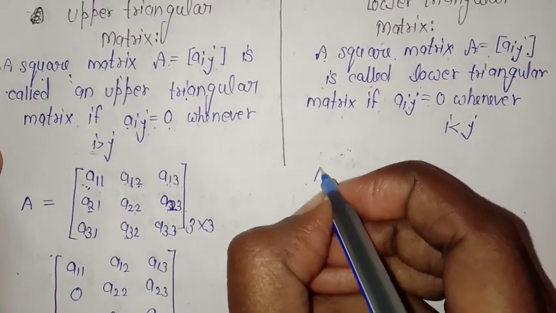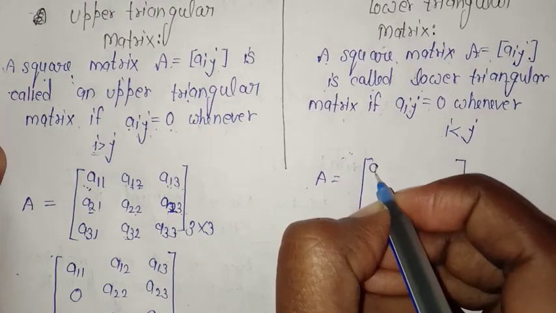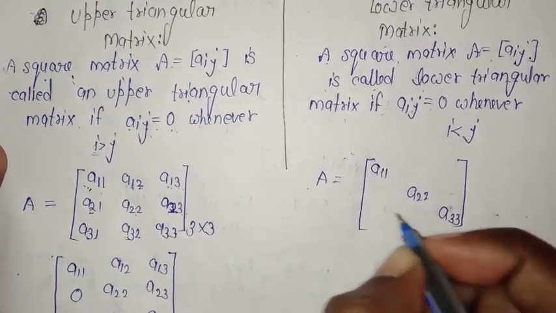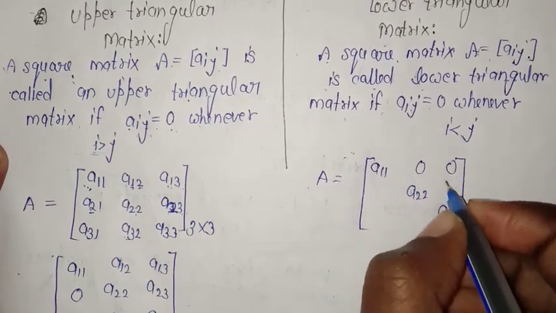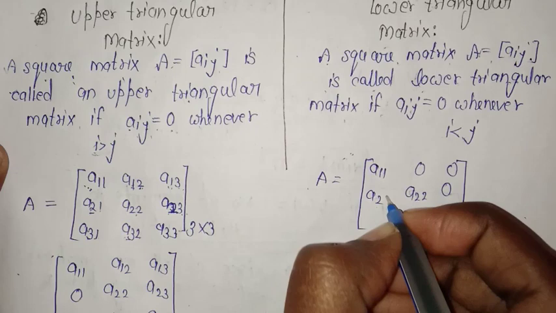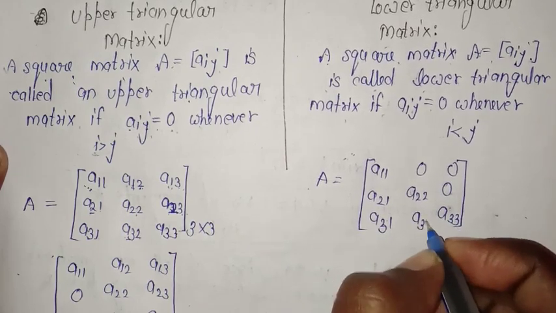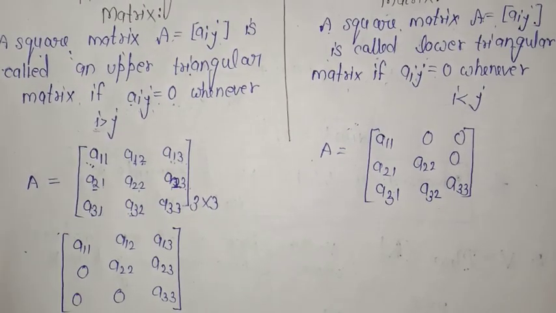So we get a matrix with A11, A22, A33, and all the elements lying above the leading diagonal are 0. We get a matrix of this form. I hope the difference between upper triangular and lower triangular is clear.